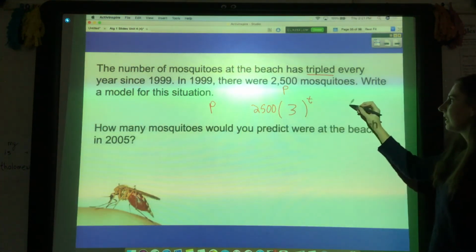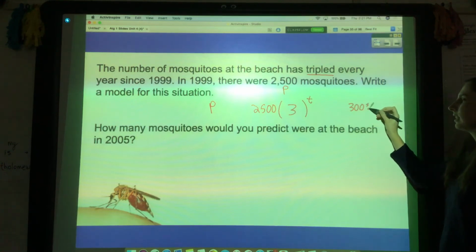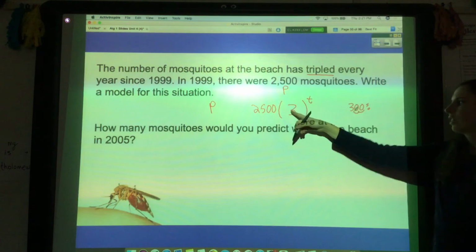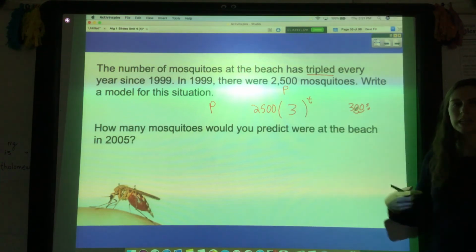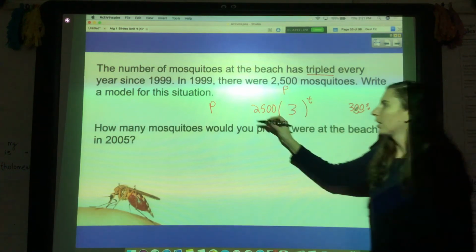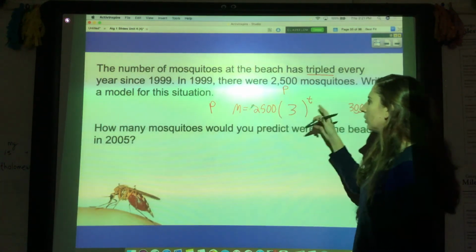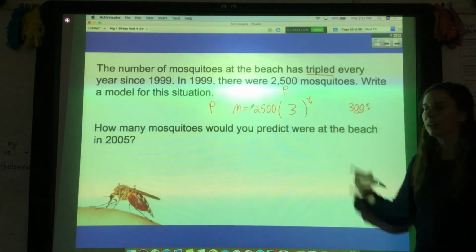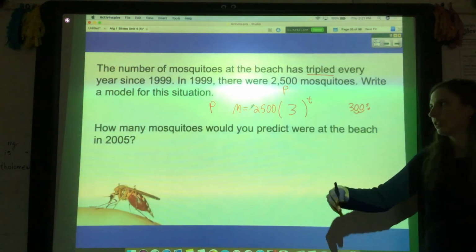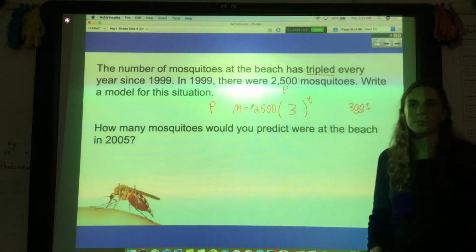And it's basically like taking 300% of the mosquitoes, which as a decimal is just 3, because we're tripling it. So this would be my model. The number of mosquitoes is equal to this, and I could plug in whatever I want for t. And t in this scenario is time after 1999. We may want to be specific about that.